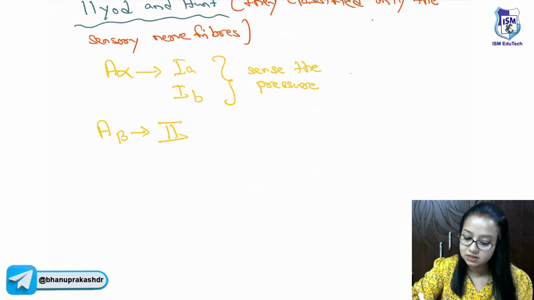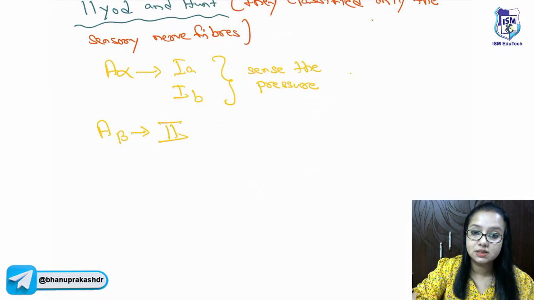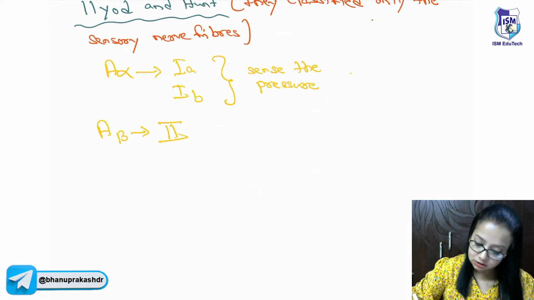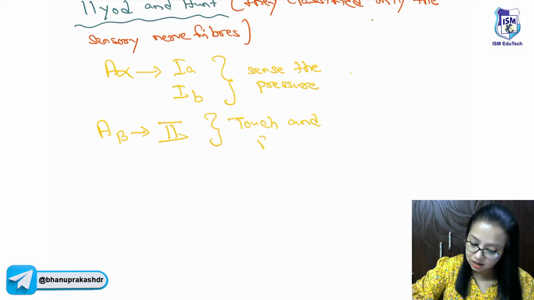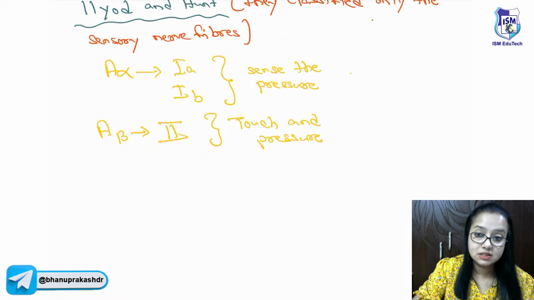Why do they sense the pressure? Because 1A supplies the muscle spindle, and 1B supplies the Golgi tendon. Now A beta is the 2. It also senses touch and pressure. Here, A gamma, since it has only motor function, has not been taken.